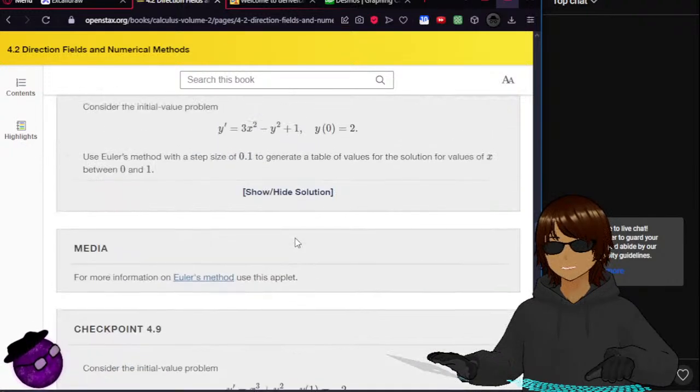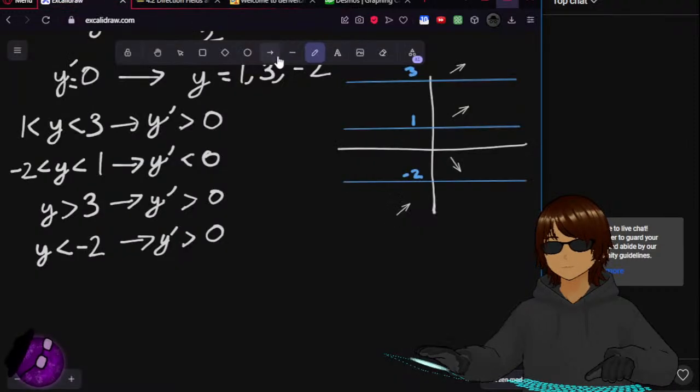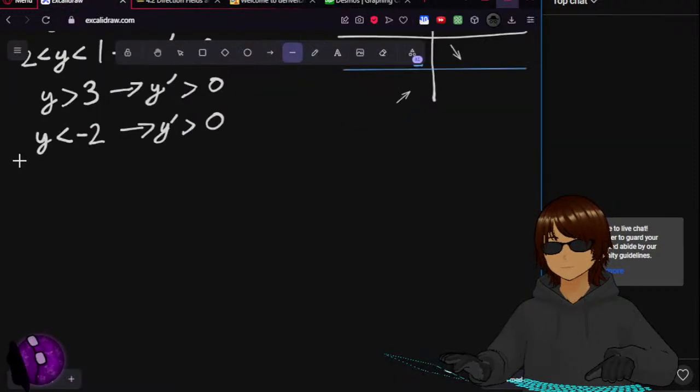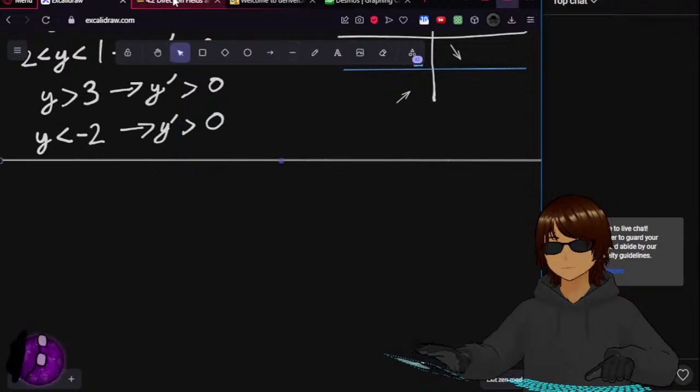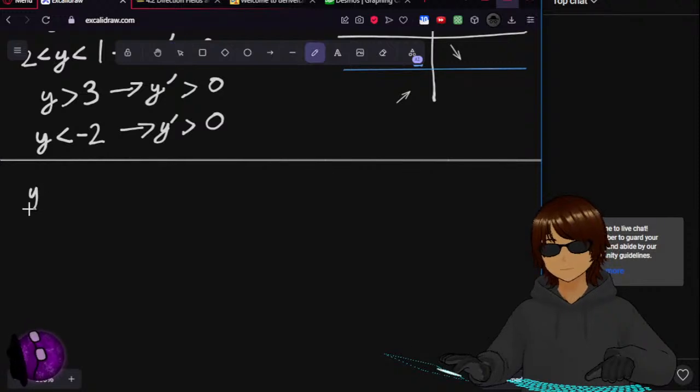So let's say in that exercise, the derivative of y is 3x squared.